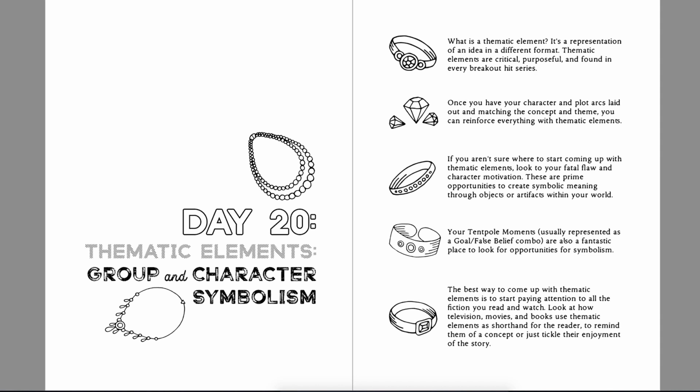Also, your tentpole moments, which we talked about probably just the last 8 days or so. So maybe day 12 through day 19, we talked about those and where those tentpole moments go within each section of the 4-part structure of writing a novel.